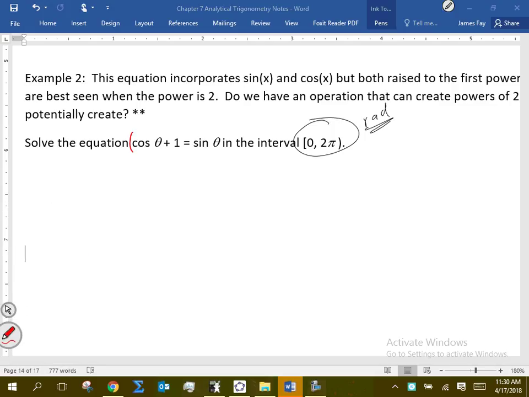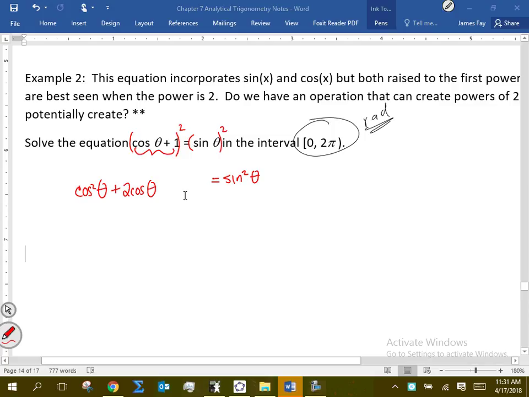So there's nothing stopping us from squaring both sides. Squaring the right-hand side is pretty easy, sine squared. And the left-hand side, you have to FOIL that out. So cosine times cosine will give me cosine squared. I'll multiply these two things together and double it. So it gives me my middle term, 2 cosine theta. And then I square my last term.